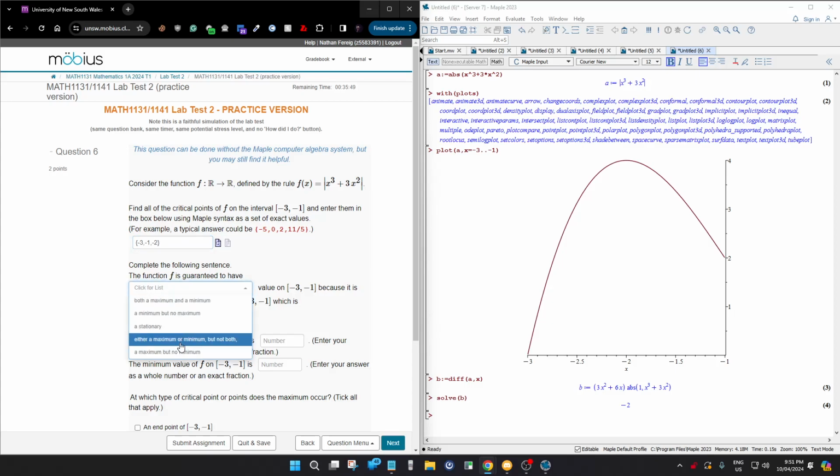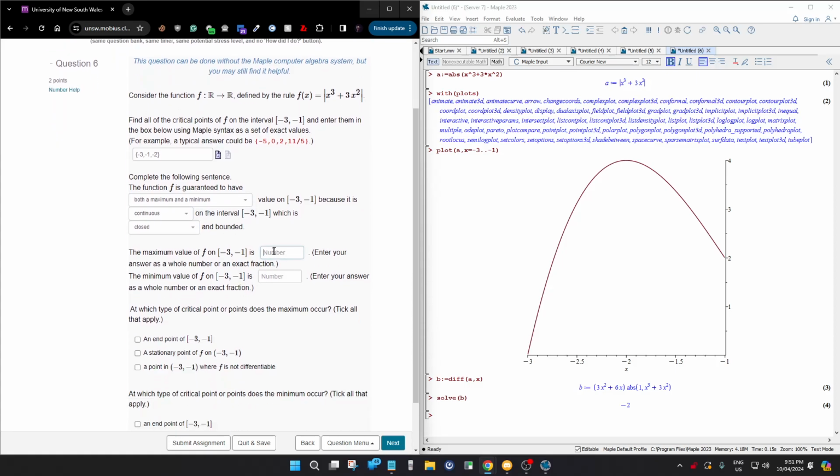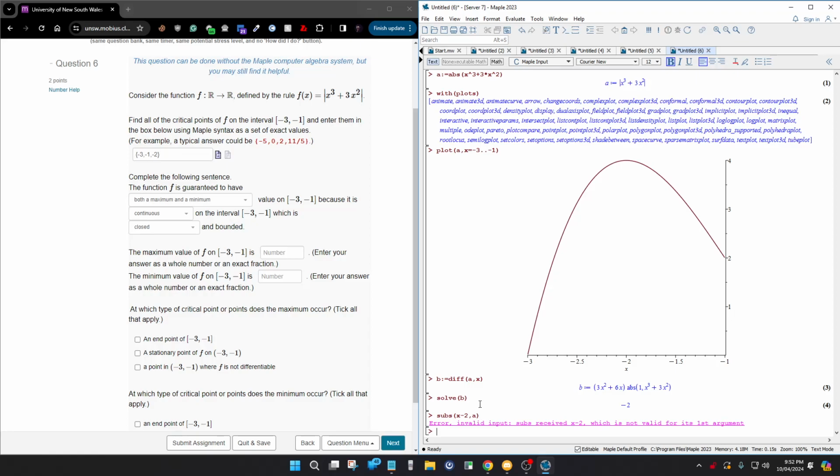The guarantee to have both a maximum and a minimum because it is continuous on a closed interval. And the maximum value for this, if we substitute x equals negative 2 into A, we get, oh my god, got the cheeky equal sign.